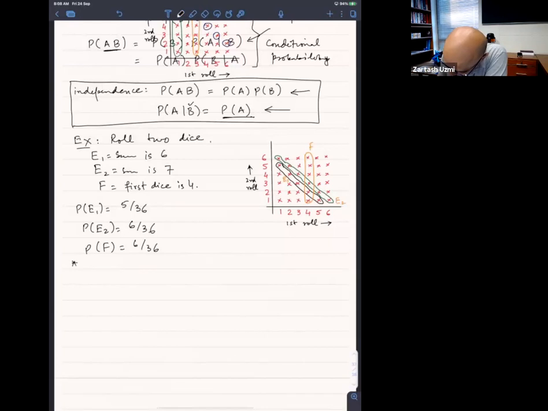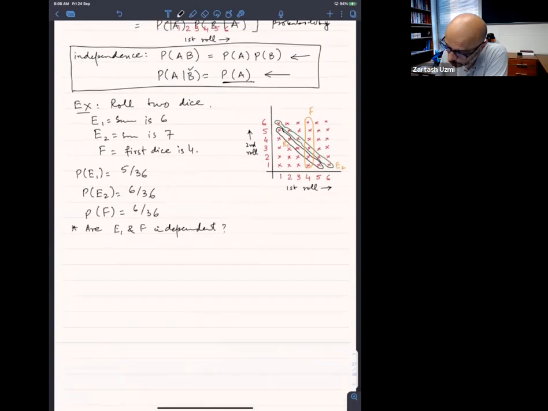Now I'm going to ask the question: are E1 and F independent? Well, we cannot answer this question unless we figure out if the product of their probabilities is equal to the probability of their intersection. So is the probability of E1 and F equal to the probability of E1 times the probability of F?